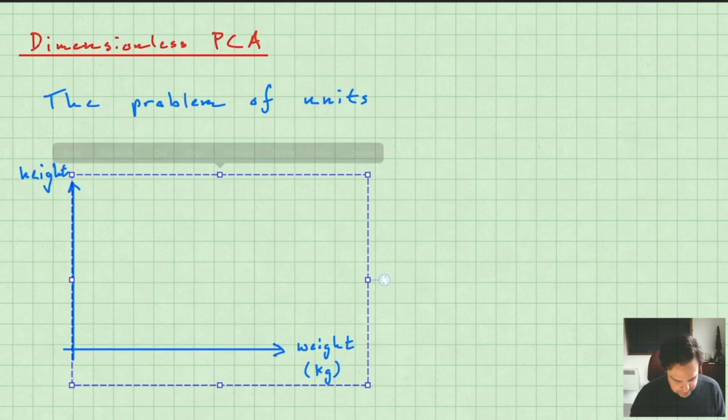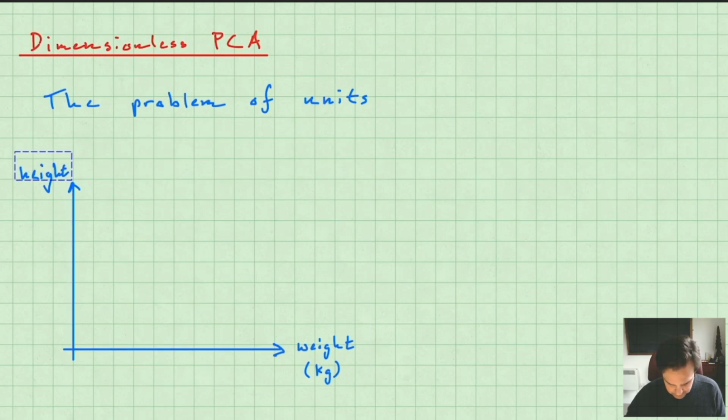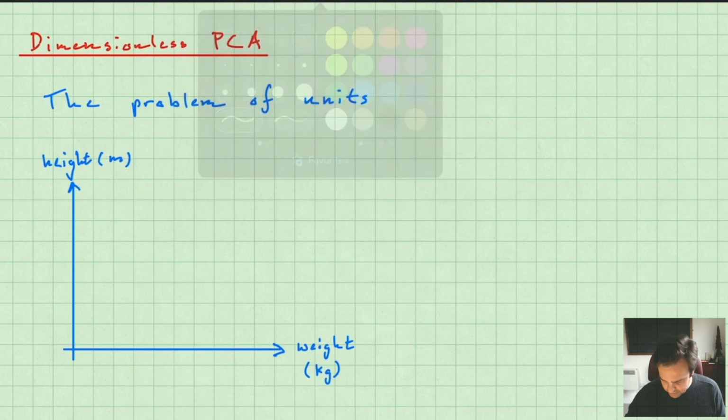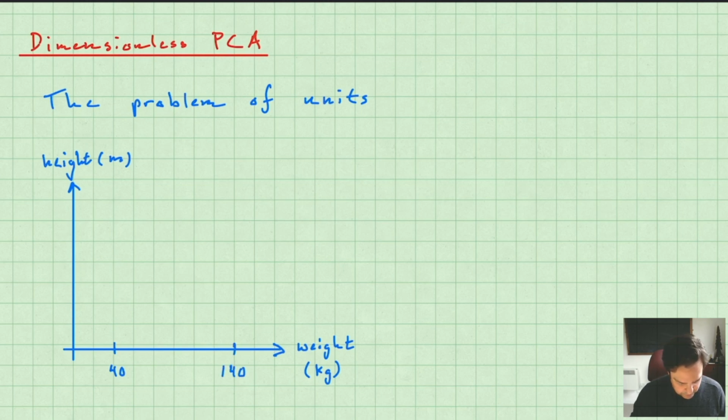So let's suppose that the data lies in the following ranges. Weights tend to be somewhere between, there's a pretty wide range, say, 40 kilograms and 140 kilograms. Just say roughly speaking, they're in that neighborhood. And let's suppose that height was in the neighborhood of 1.52 meters to 2.03 meters.